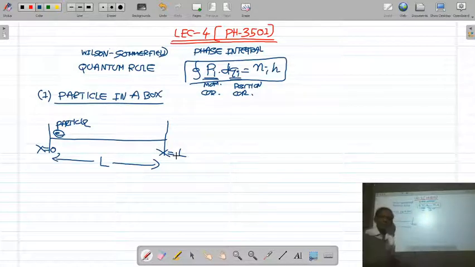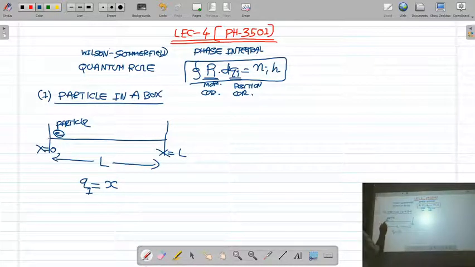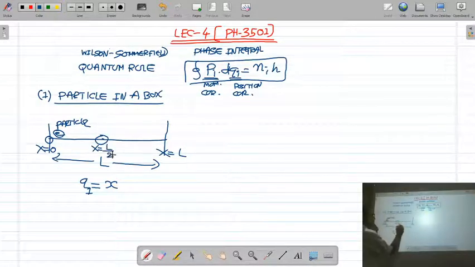It doesn't have y and z coordinates. If the particle is here, x will be 0. If the particle is at the middle of the box, the value of x will be L by 2. If the particle is at this end of the box, the value of x will be L.